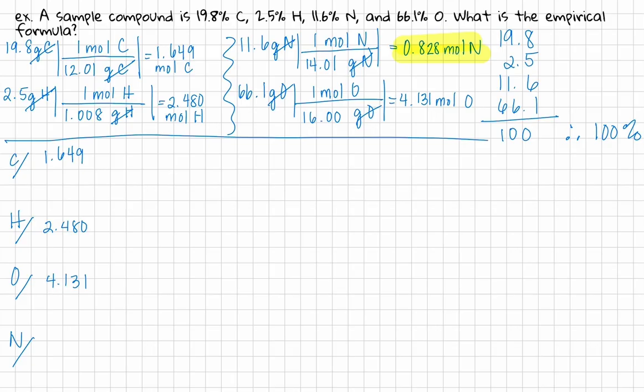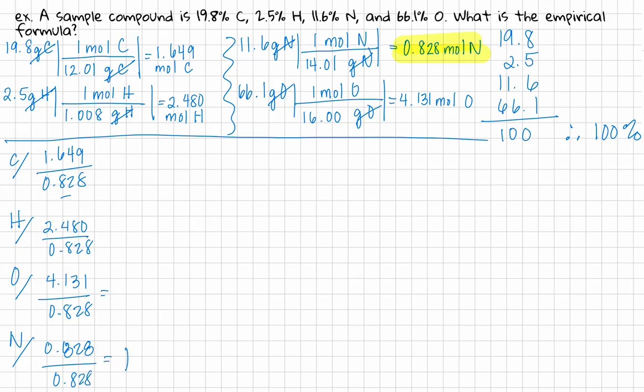And nitrogen has 0.828. Okay, but I have to divide everything by the smallest, and the smallest is 0.828, so it's going to be 0.828 for each one. For nitrogen, this is going to be 1.